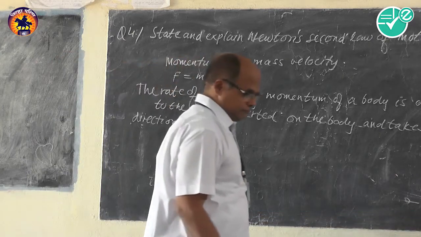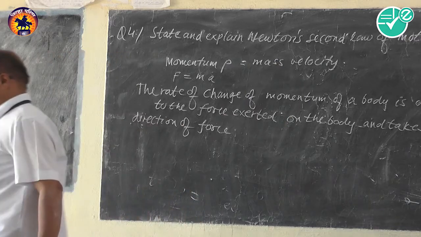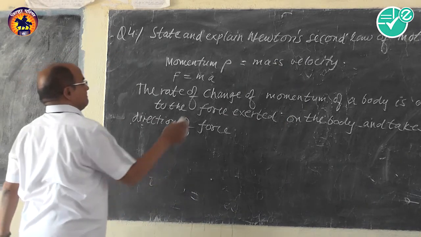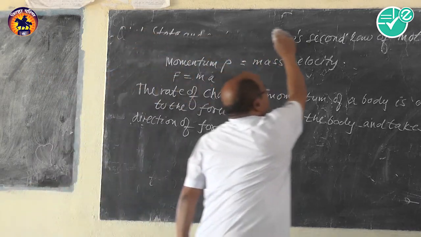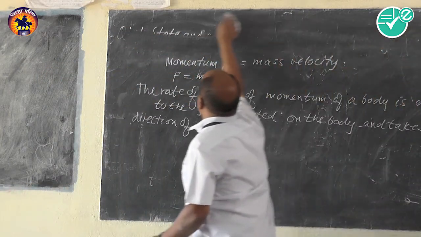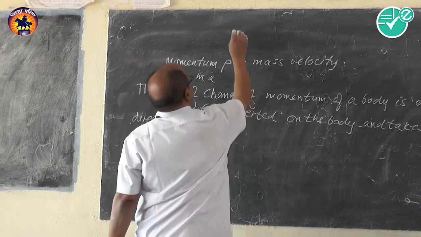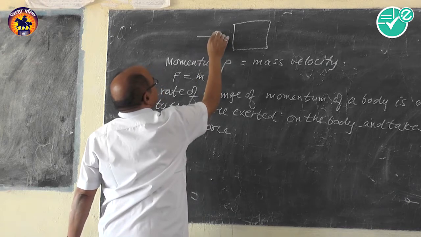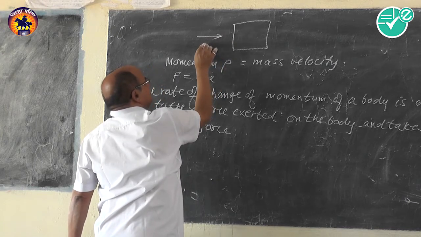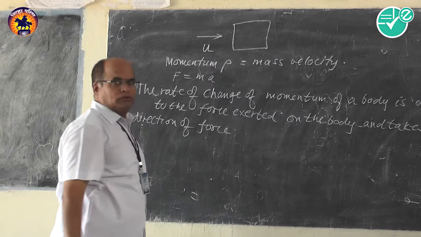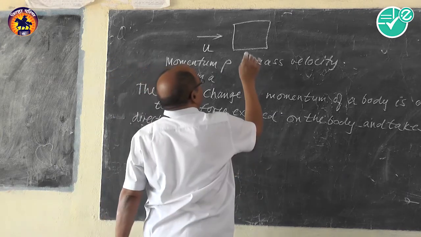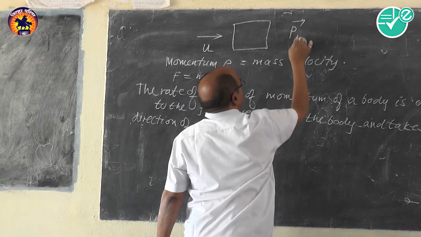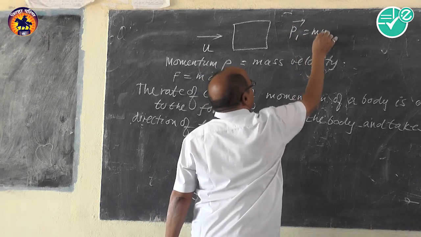Now consider this to be a body. Let the initial velocity of the body be u, then the momentum of the body is P1 equal to m u.